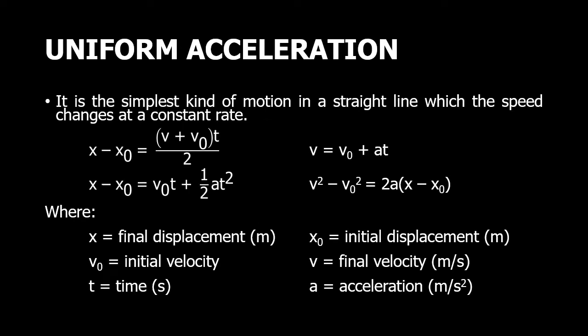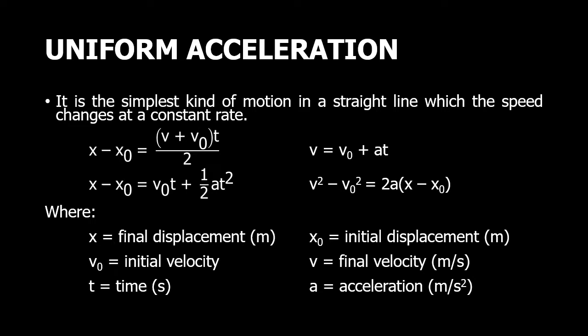Uniform acceleration motion, or UAM, is the simplest kind of motion in a straight line, in which the speed changes at a constant rate. So we have here four formulas. First, x minus x sub 0 is equal to quantity v plus v sub 0 multiplied by t over 2. The second one is x minus x sub 0 is equal to v sub 0 t plus 1 half at squared.